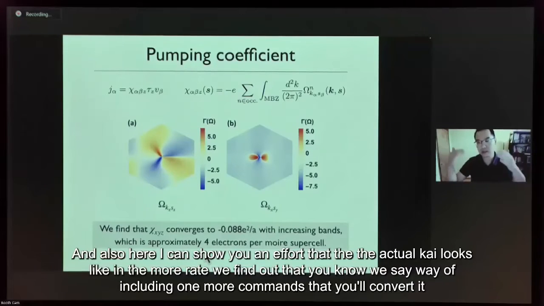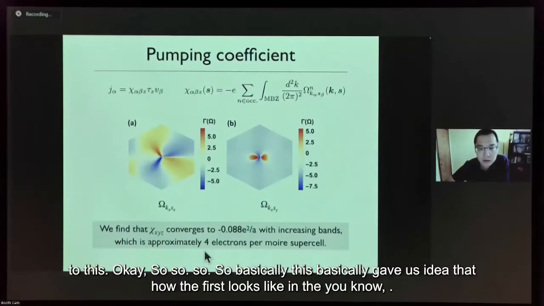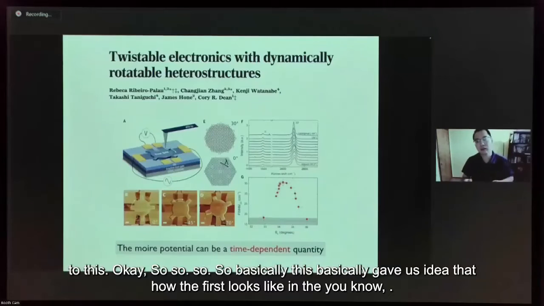Right? Because when you consider the first miniband, you have layer degeneracy, you have spin degeneracy. Okay, so this basically gives us an idea of how the Thouless pump looks like in twisted bilayer graphene.